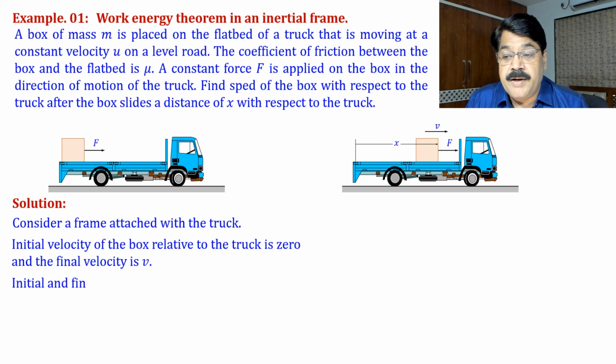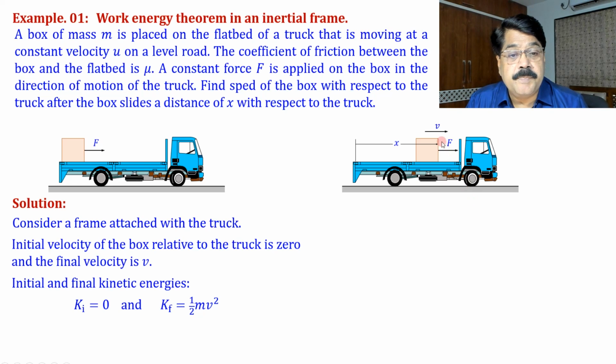K initial is 0 because the speed of the box with respect to the truck is 0, and the final kinetic energy is half m v squared because the speed of the box with respect to the truck is v. The box was at rest initially with respect to the truck before the force was applied.